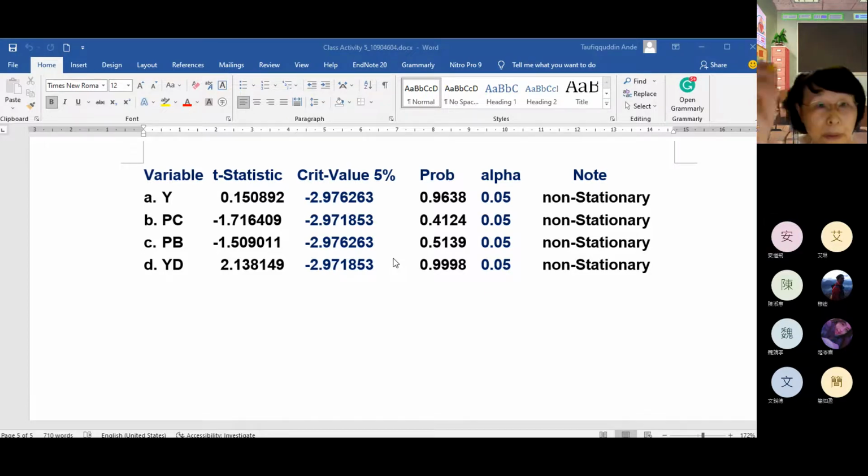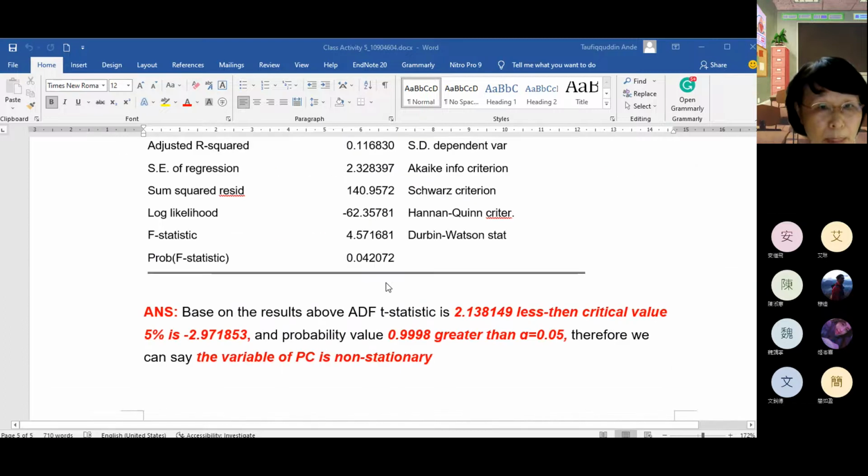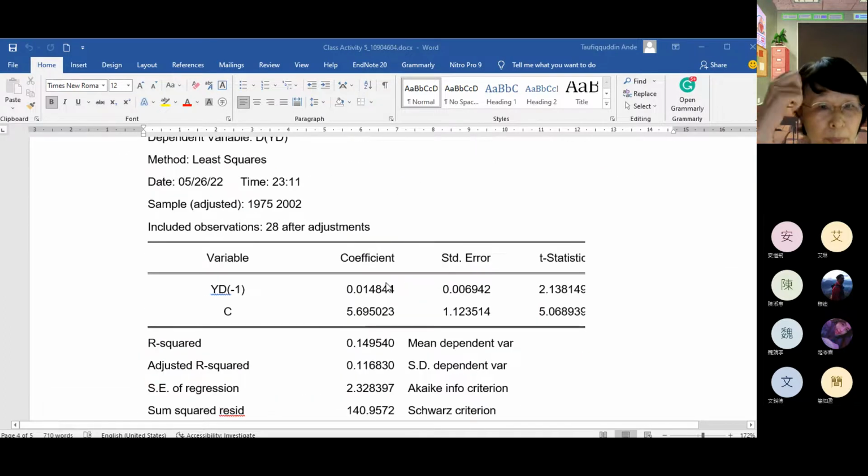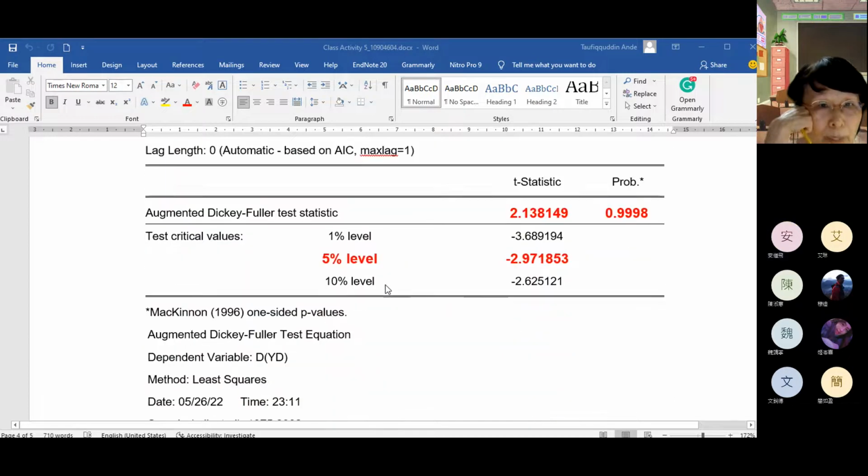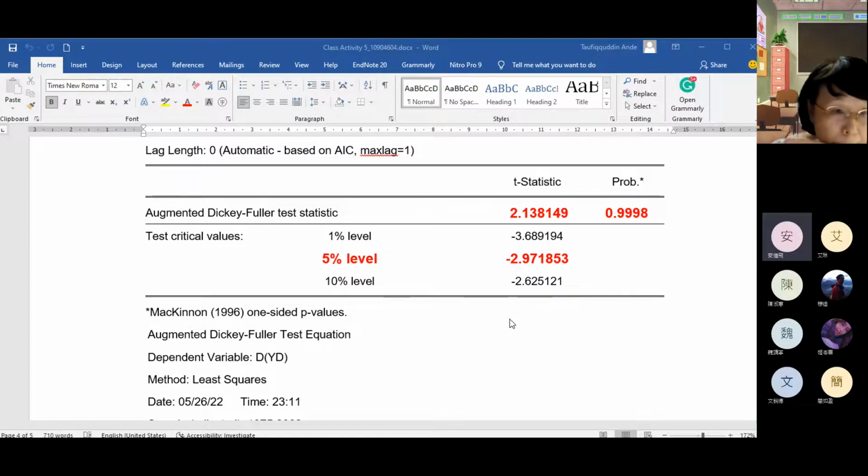So let's go back to see the sample size of each of the variables. Do they have the same observations? I checked before, they have the same observations, only their critical values differ. But how come they are different? Okay, let me check with this one. Let me see my data first.